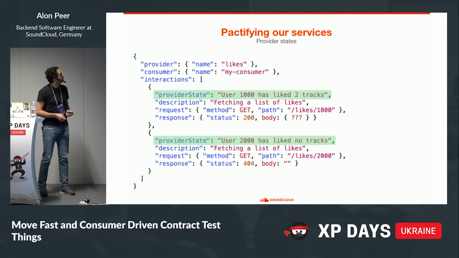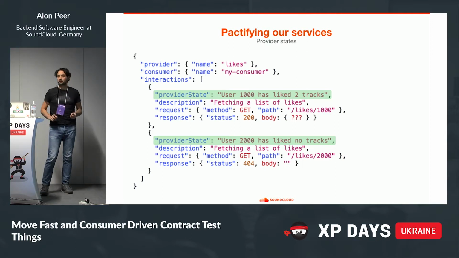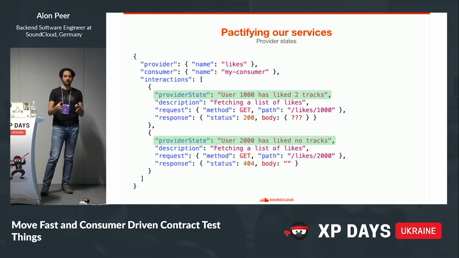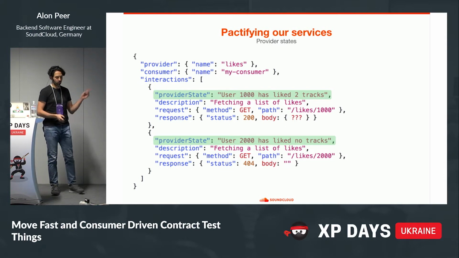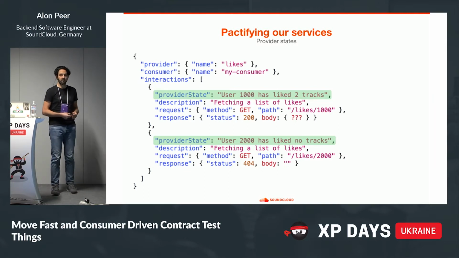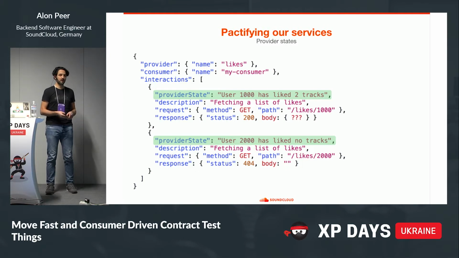So let's go back to talk about those provider states. Basically, as I said, we want to make sure that we're isolated, and so we need a way for the consumer to do a setup of some kind of environment so that when they run those requests, they actually get data back. And these are what those provider states provide us with. These statements in version 2 of Pact are just plain strings.